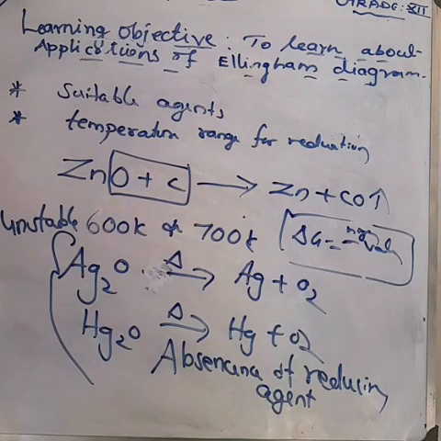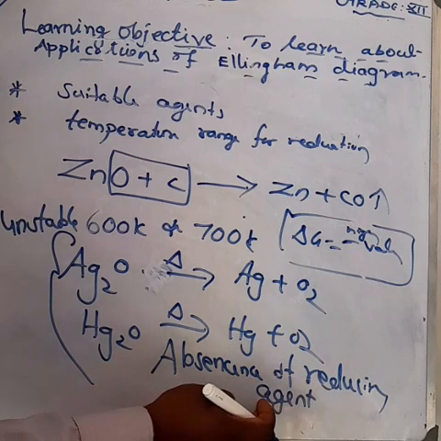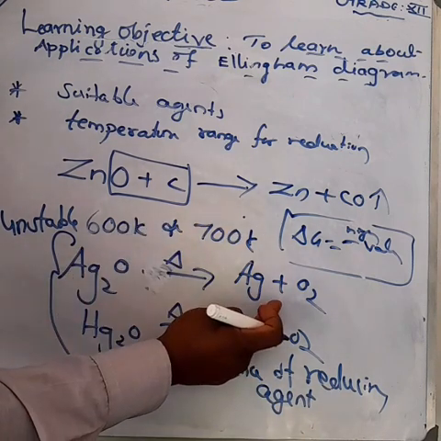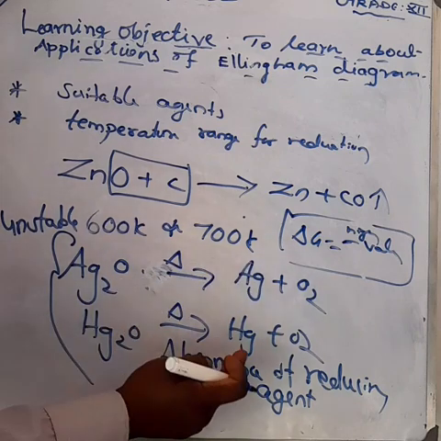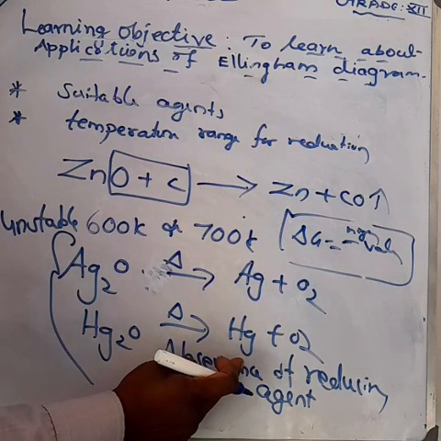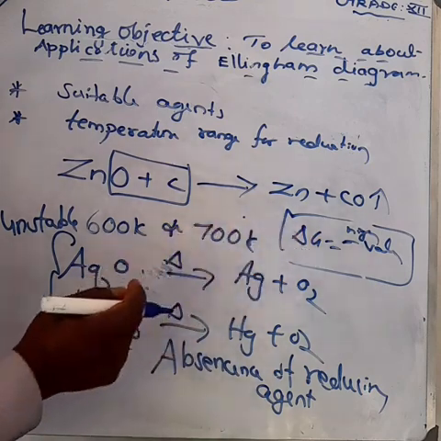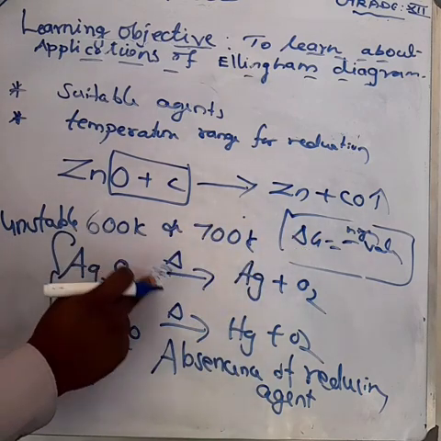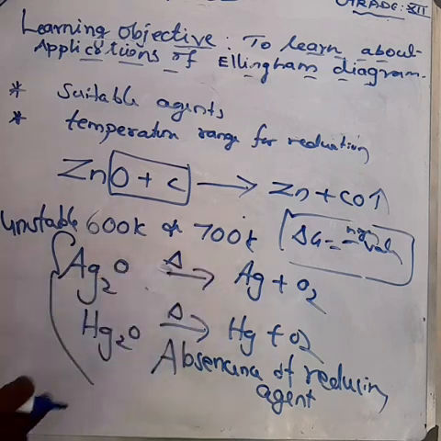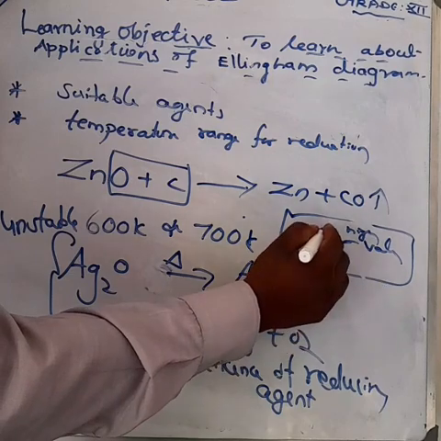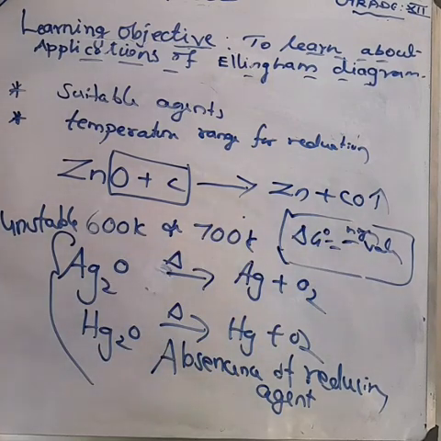What is the reason here? Without a reducing agent, silver oxide is converted into silver metal, and mercury oxide is also converted into mercury metal. Here the delta G naught value is positive. That's the main reason. We are expecting a high negative delta G naught value, but here it is positive, so there is no need for a reducing agent.